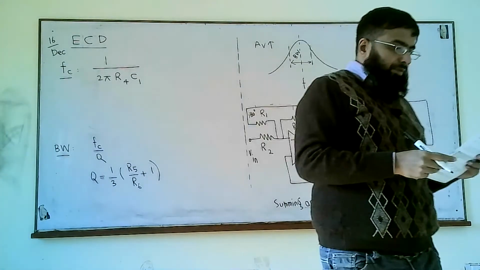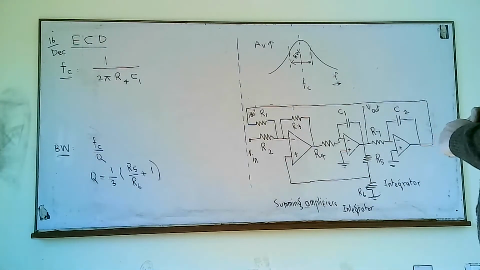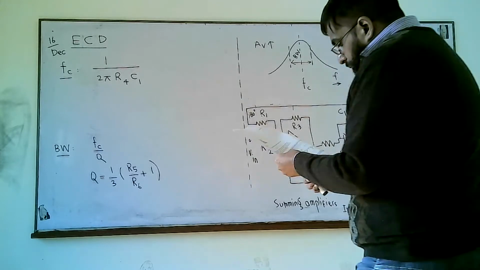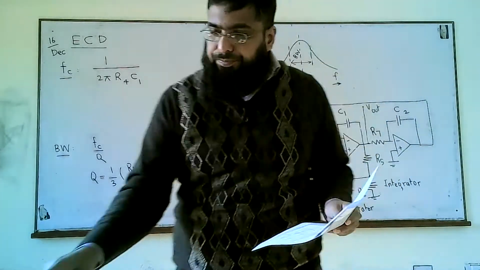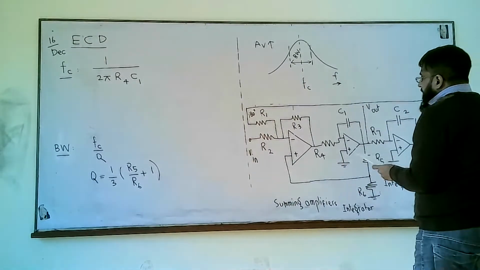After some simple calculations, we can compute Fc, the critical frequency for the state variable filter, and the bandwidth. And now we are ready to solve a small example given here on page number 783.